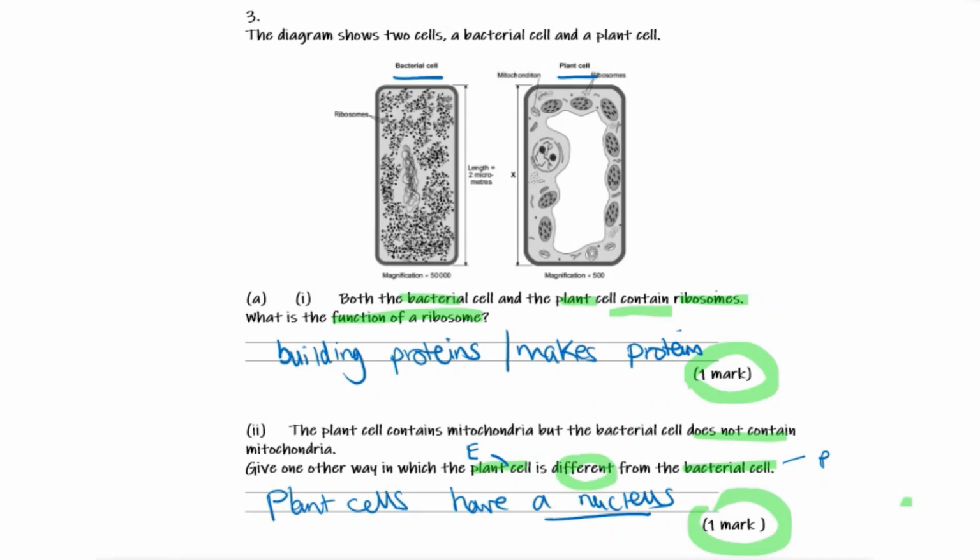Before I finish, I want to give you some tips on some linking words. The words I want to use from here are ribosome and mitochondria. The first one for ribosomes, whenever we think of ribosomes, we should think of proteins. When we think of proteins, we should be thinking of growth and repair.